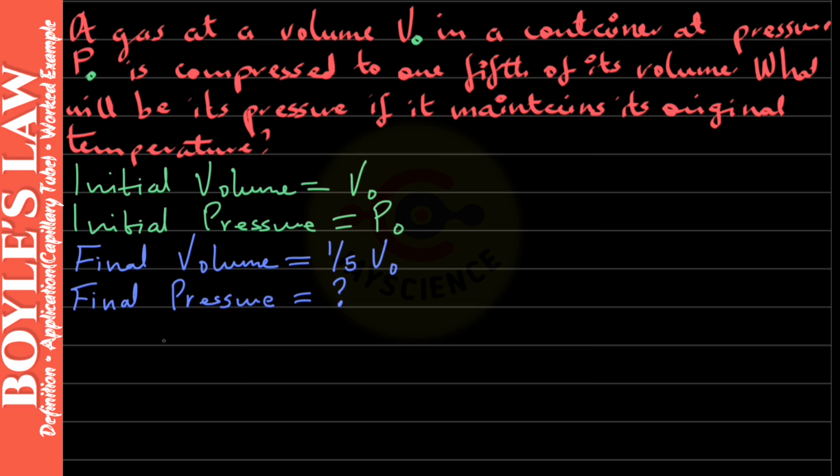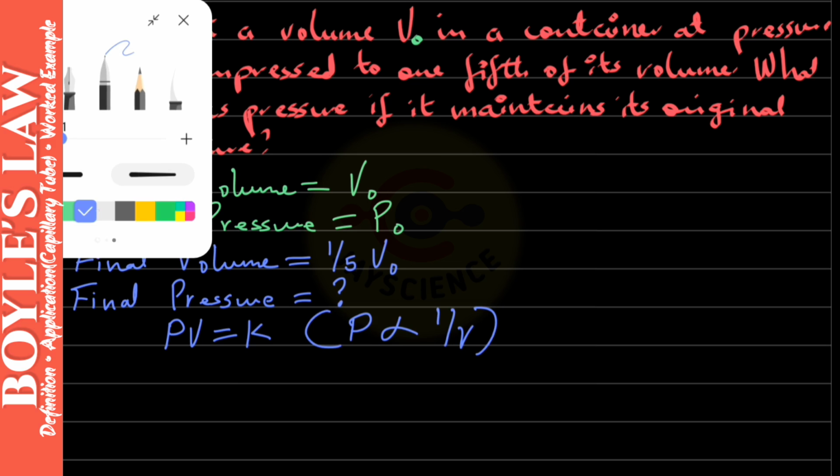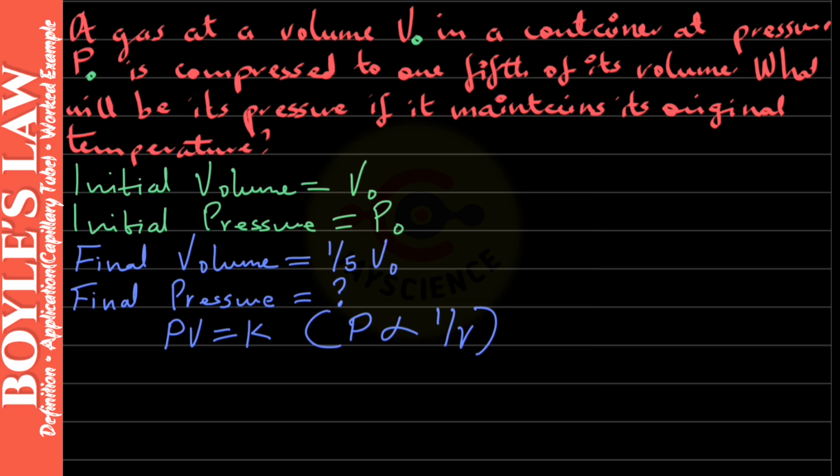And from Boyle's law, we know that PV equals K. The pressure of a given mass of gas is inversely proportional to its volume, or the other way around. It's still the same thing. In a case where we're comparing two pressures and two volumes, this formula will now become P1 V1 equals P2 V2.